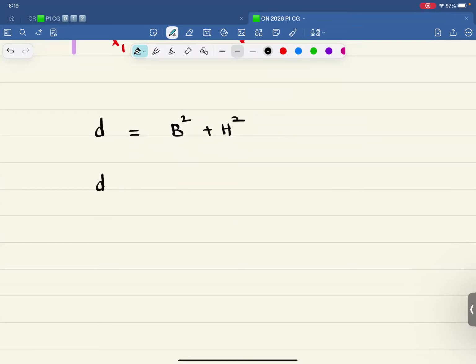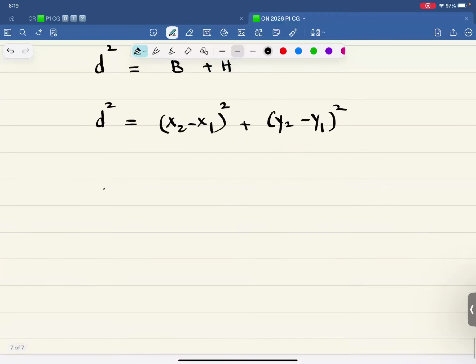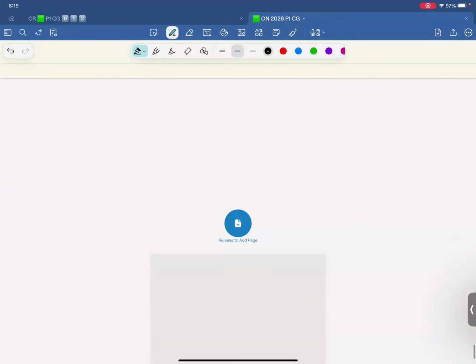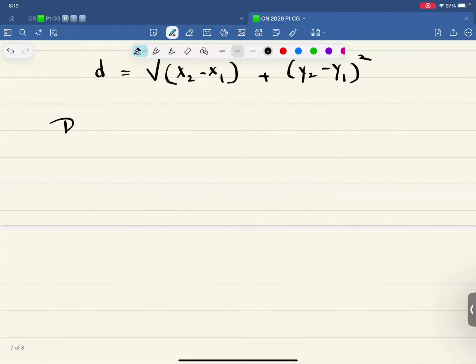So this distance: base is x2 minus x1 whole square, this is y2 minus y1 whole square. This is d square. So therefore, d is equal to the square root of x2 minus x1 whole square plus y2 minus y1 whole square. That's how the distance formula is created.